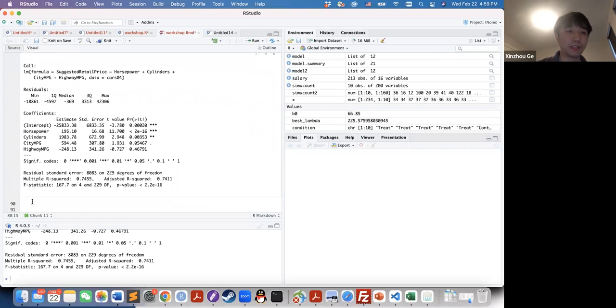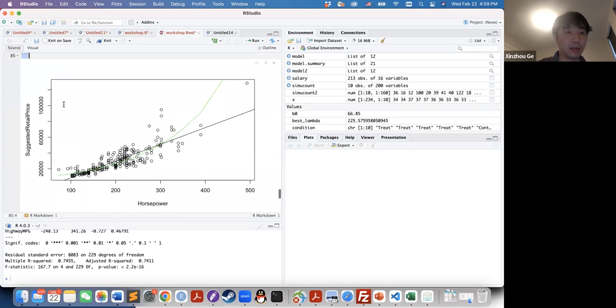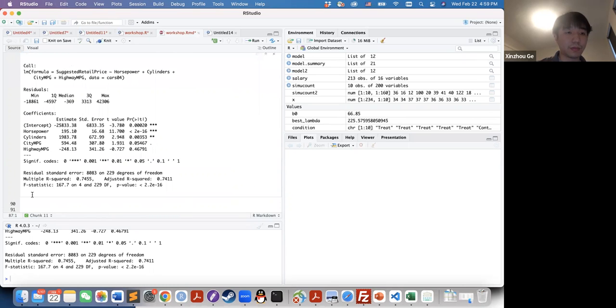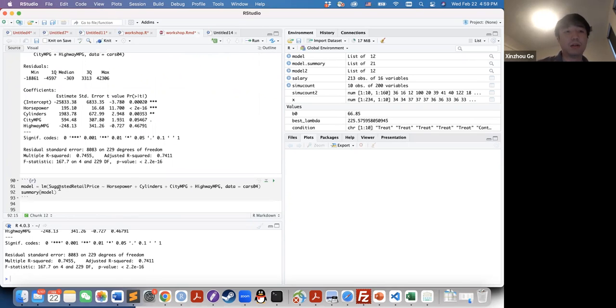So if we go back to the previous regression problem, for example, we already have a complicated model which uses all these 4 predictors to predict the suggested retail price, and we can add another model which only uses horsepower to predict the suggested retail price.